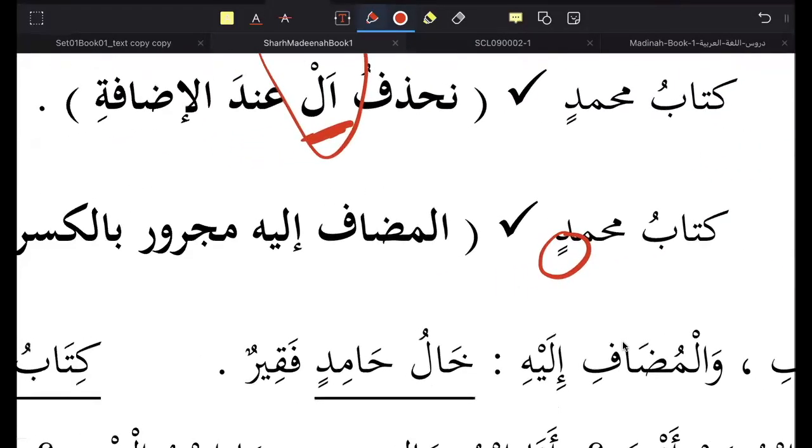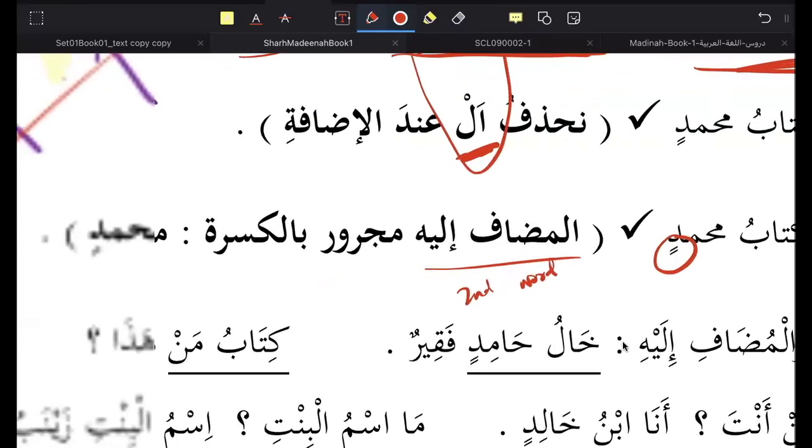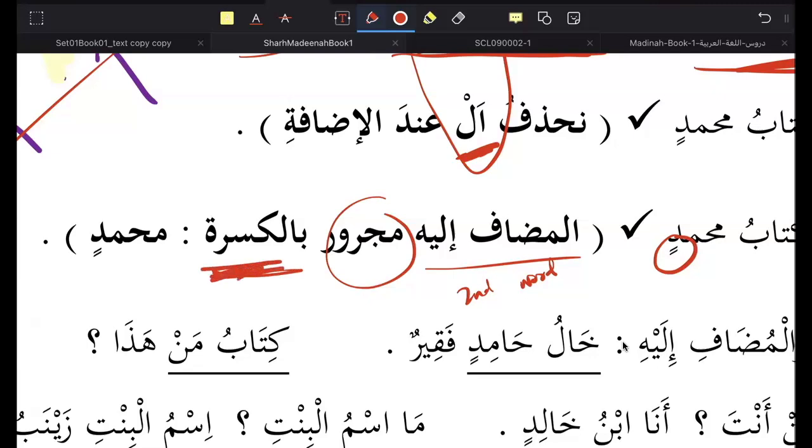It says al-mudaf ilayhi. See, these terms we'll be using a lot. Al-mudaf ilayhi. Think about it as the second word of the idafa. Majrur. Here comes the tough words. Okay, bil kasra. Just think about kasra for now. I still don't want to go too much in detail with jar, majrur, this type of words. Inshallah, I will have one very short dedicated session where we'll be talking about these states.